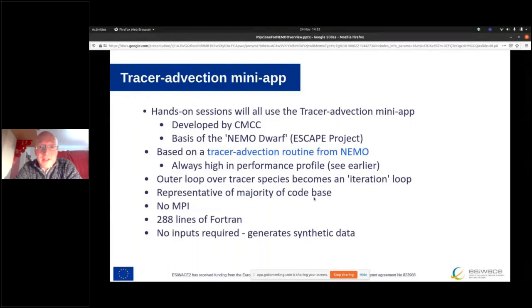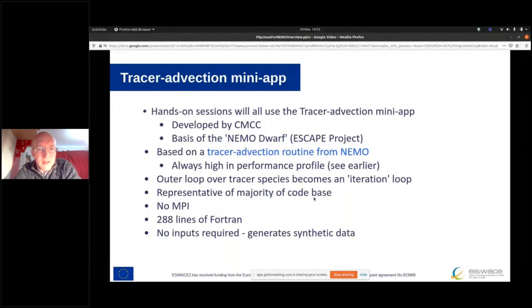In the tracer advection mini-app version of this code, the outer loop that would normally be over tracer species in NEMO has become an iteration loop, so it's just a way of increasing the amount of work that is done. As I said when I was talking about NEMO, this kind of stencil access that is performed in the mini-app is representative of the majority of NEMO.